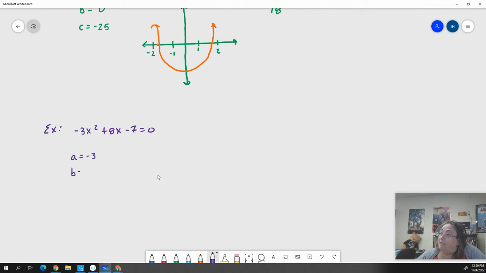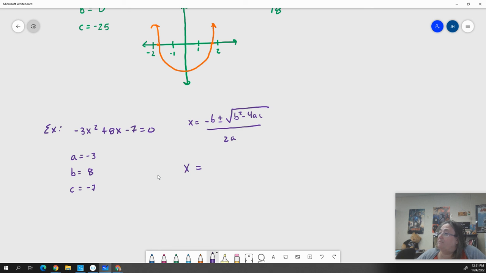Our B equals 8. And our C equals -7. And we are just going to plug that into x equals minus b plus or minus the square root of b squared minus 4ac over 2a.